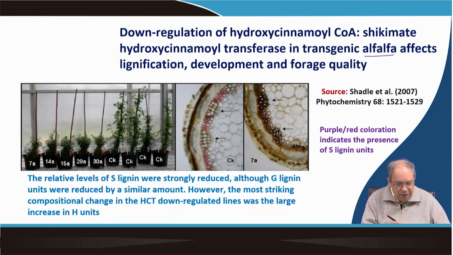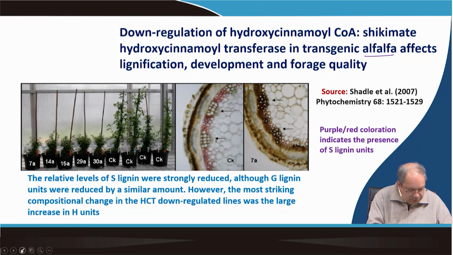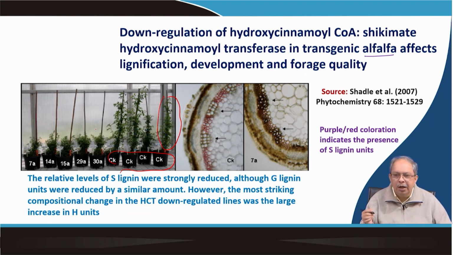And this is finally the picture. CK stands for the control, these are all control, and these are the transgenic. The plants appear to be suppressed, it is not like the aspen. In aspen, the transgenic plants were more healthy, but here they are a bit less healthy.